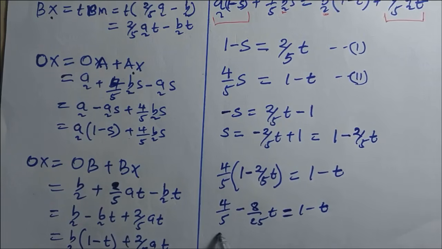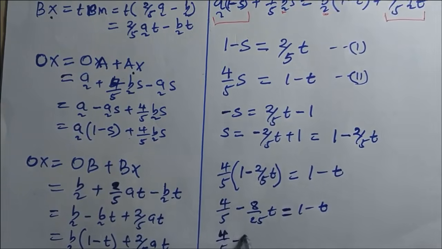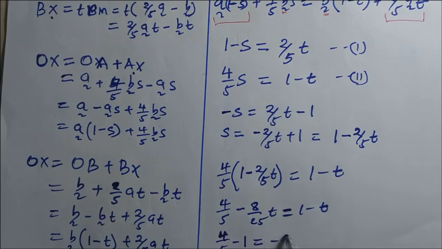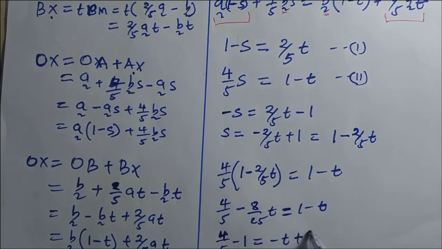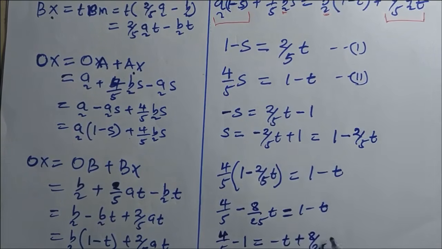So 4 over 5 minus 1 is equal to minus T plus 8 over 25T.